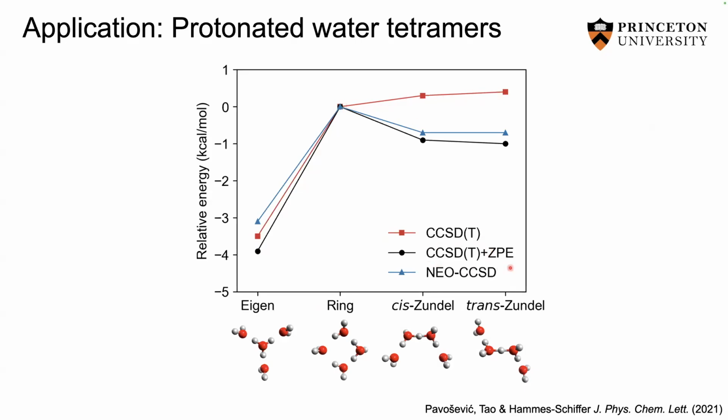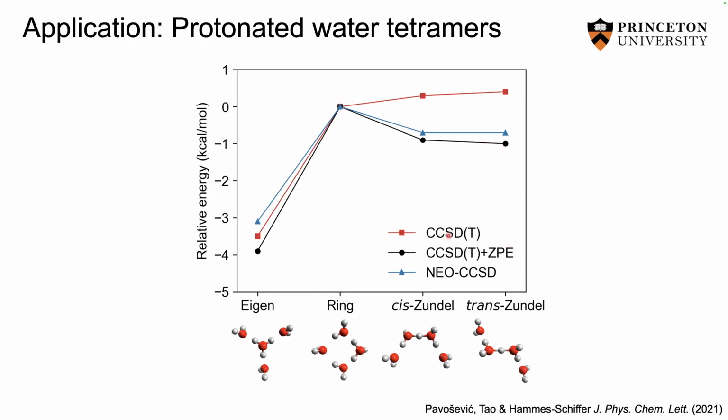However, if you do a 0-point energy correction, if you calculate the Hessian and calculate the 0-point energy, whether you're using just the normal modes or also doing an anharmonic, like the PT2 correction, you see this black line here where the Zundel ions are very clearly lower in energy than the ring isomer.